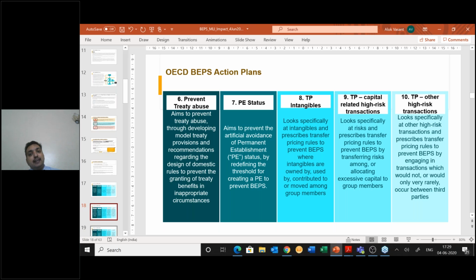Action Plans 8, 9, 10 are more to do with the transfer pricing strategies that the companies employ. Action Plan 8 looks at intangibles and prescribes transfer pricing rules to prevent base erosion.